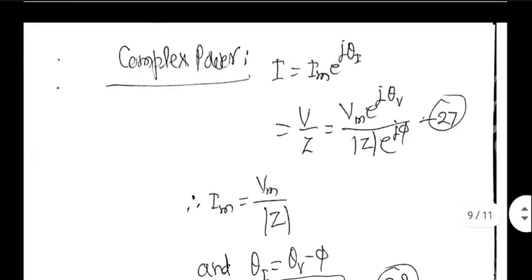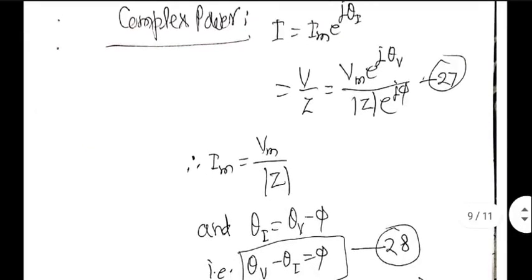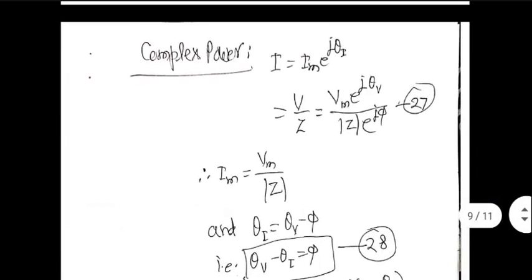And current as a general expression is Im e to the power j theta I. If you compare the two, Im is Vm divided by magnitude of Z. Theta I is theta V minus phi. The phase angle of current is the phase angle of voltage minus load angle.